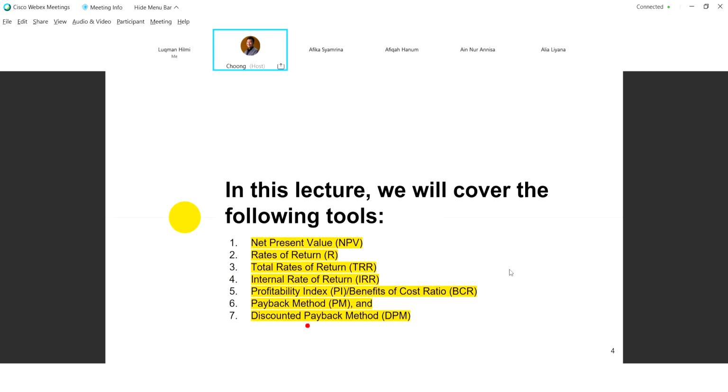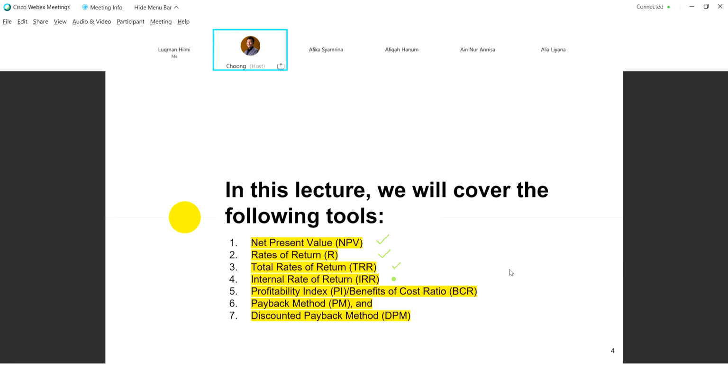So we have actually learned about these three already. Net present value: the higher the net present value, the better the project. When net present value is equal to 0, it also means that you are able to gain profit as well. Expected rate of return, the higher the better. And the higher the TRR is also better.